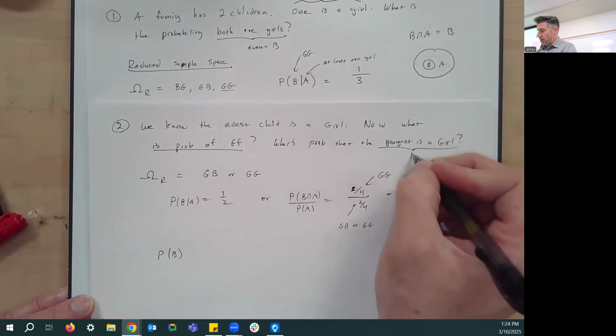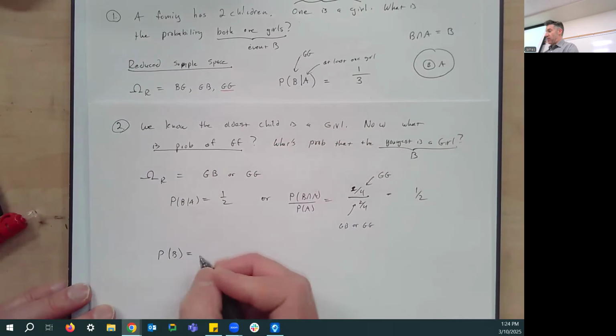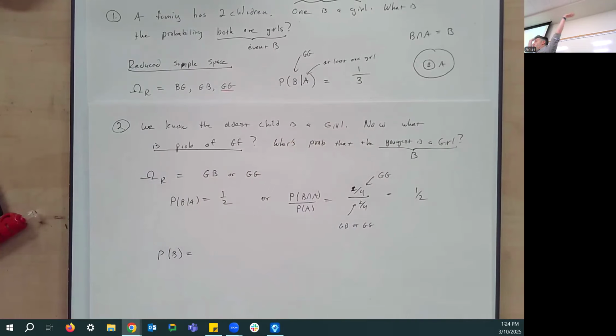Let's call that event B. What I want you to see here is that the probability that the youngest child is a girl, just on its own, if you knew nothing else, would be 1/2, assuming the typical assumption of a 50-50 probability. That might not actually be 100% true, but whatever. It's not the point.